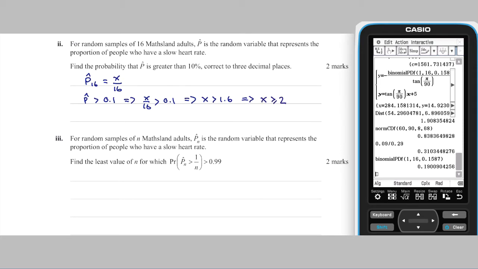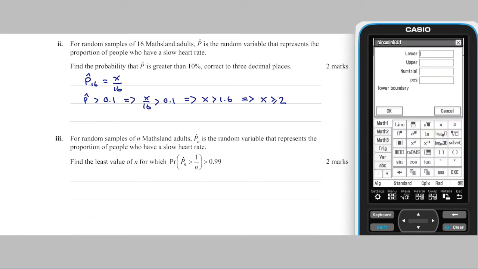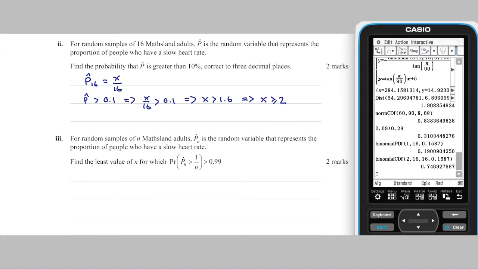This calculation can be performed on our class pad, giving us a value to 3 decimal places of 0.747.